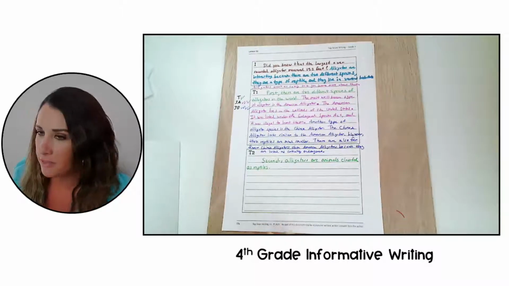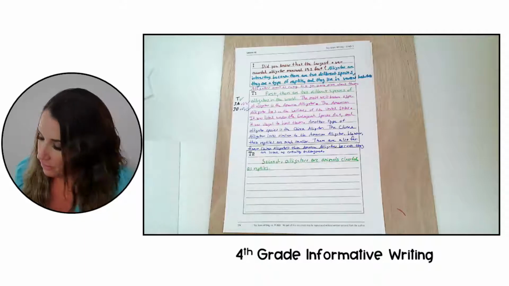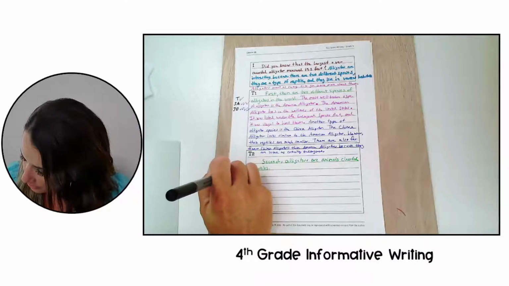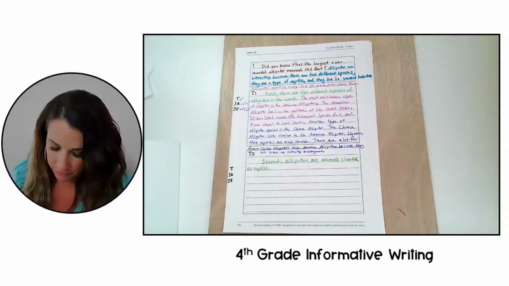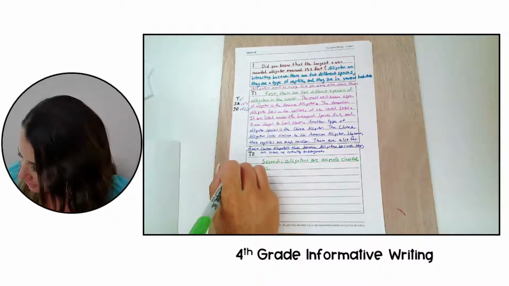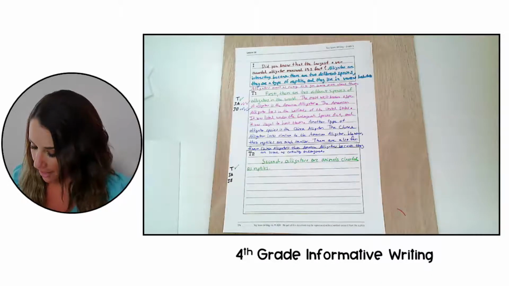Okay. Second, alligators are animals classified as reptiles. Oh, and I forgot to put my little key over here. I have to do T, at least 3 to 4 about A, and at least 3 to 4 about B. So I did my topic sentence. Now I'm going to write my at least 3 to 4 sentences about A.